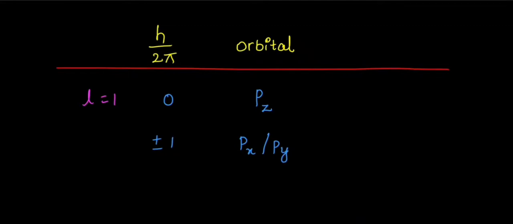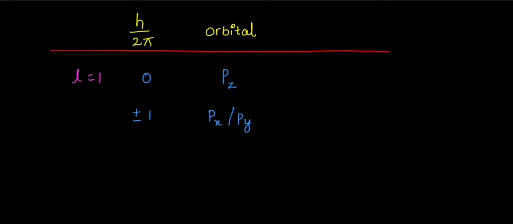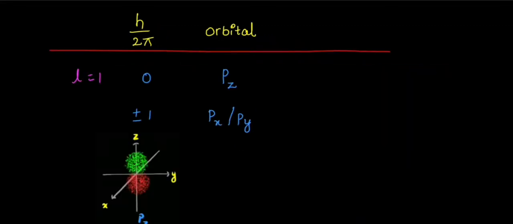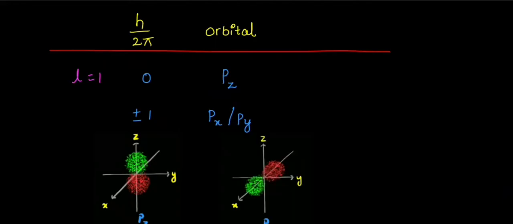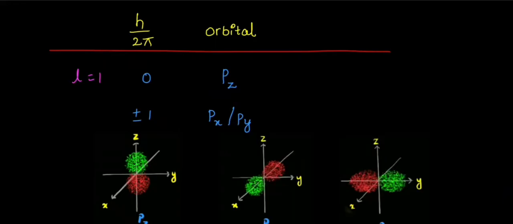The shape of any p orbital is a dumbbell with two lobes having opposite phases of wave function, that's pz, px and py. Shape is dumbbell.